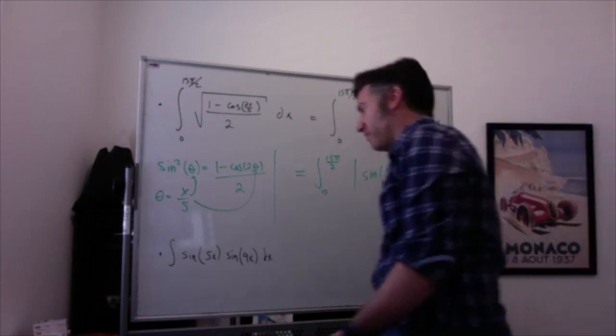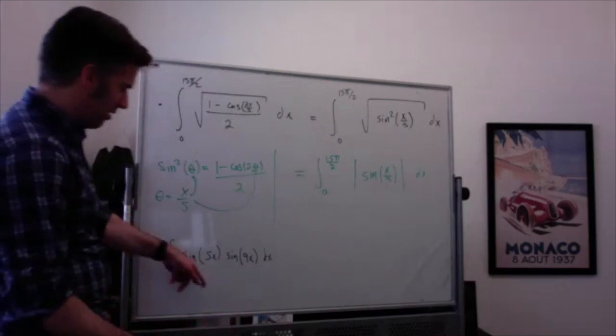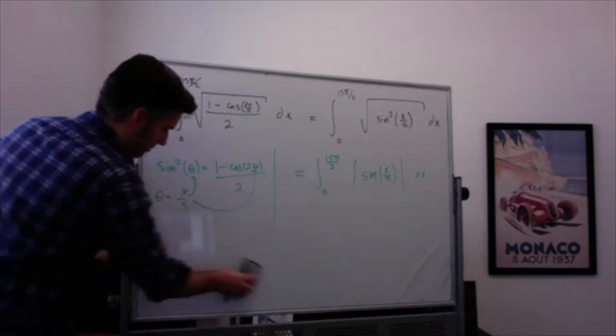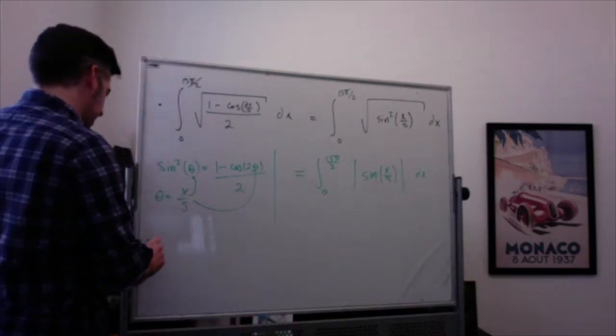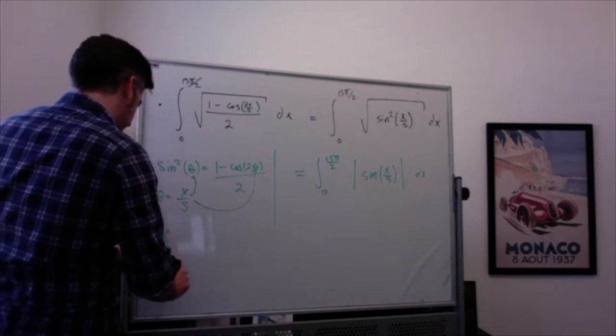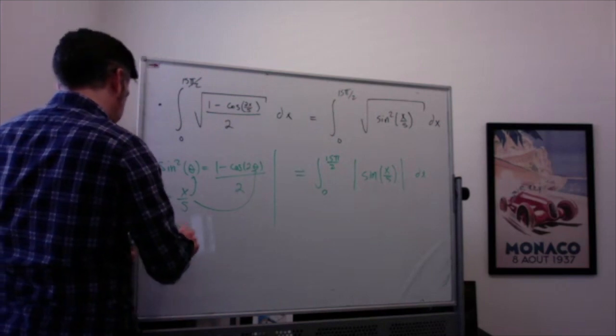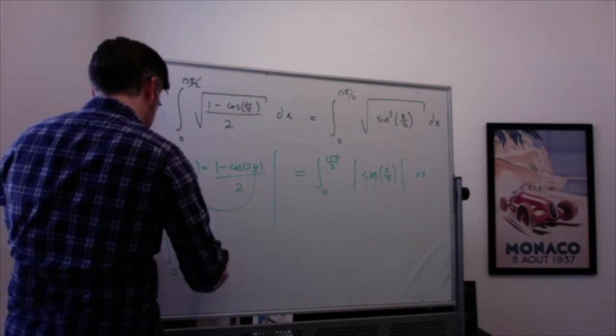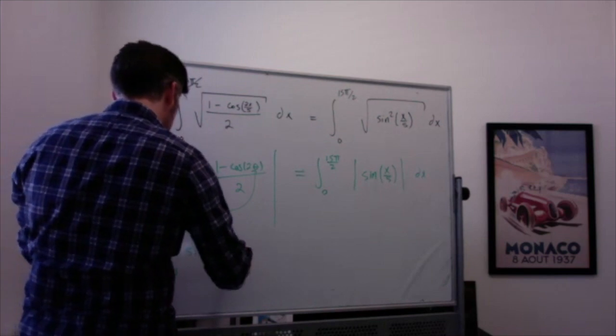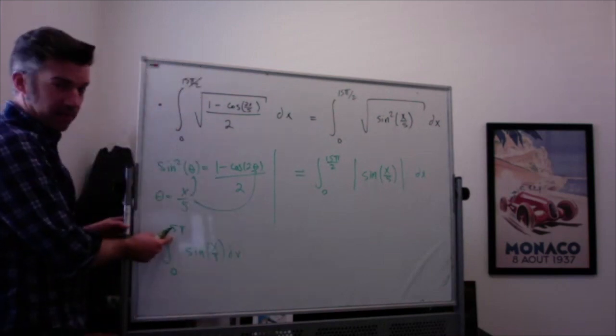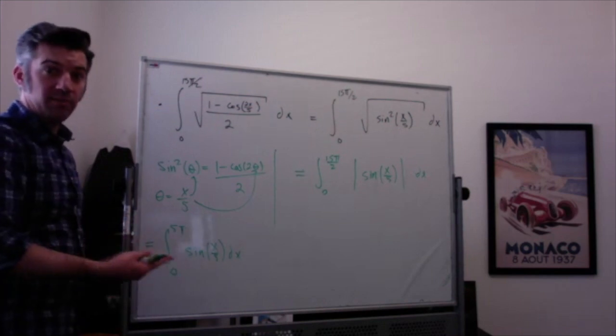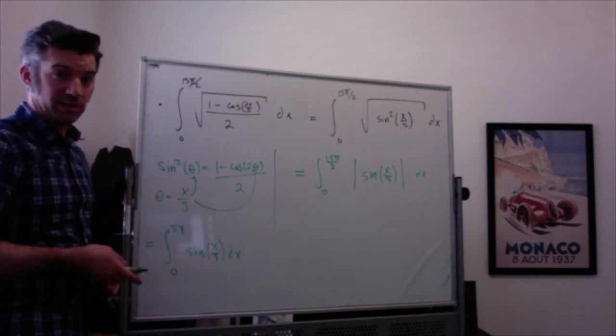So we actually have to break this up as the integral from 0 to 5 pi of sine of x over 5. Again, 0 to 5 pi means x over 5 goes from 0 to pi. That's the first and second quadrant where sine is positive.